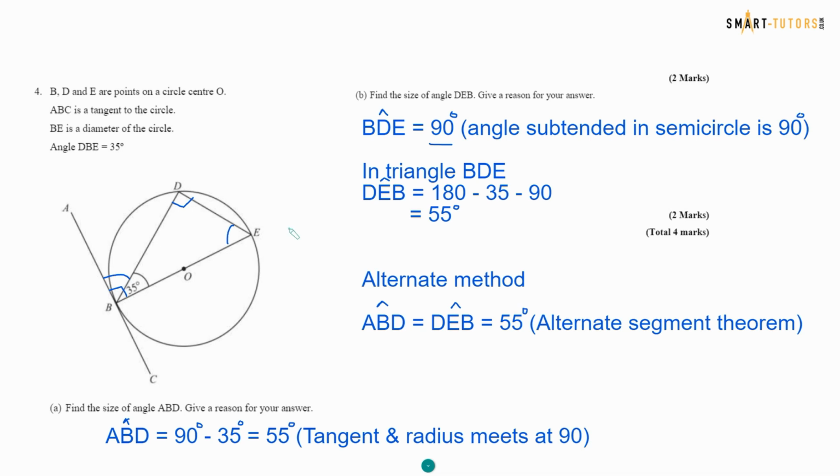Then in triangle BDE, 180 minus 35 and minus 90 gives 55. Alternate method: this ABD, 55 degrees, is the alternate segment theorem, so directly equal to this one. So ABD and DEB are equal, which is 55 degrees, alternate segment theorem. That is the answer for question number 4.